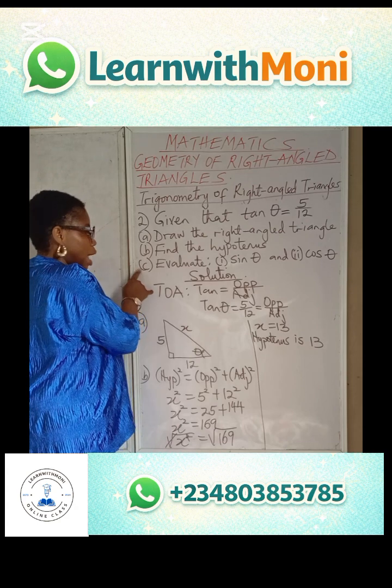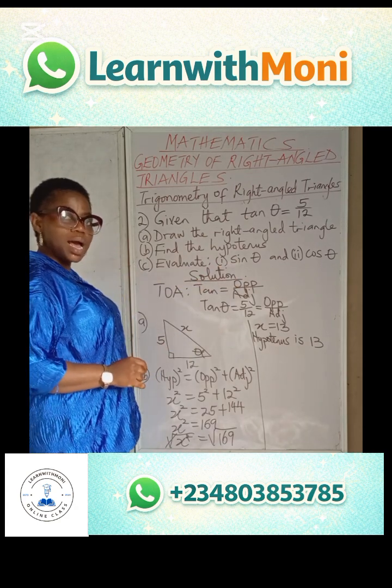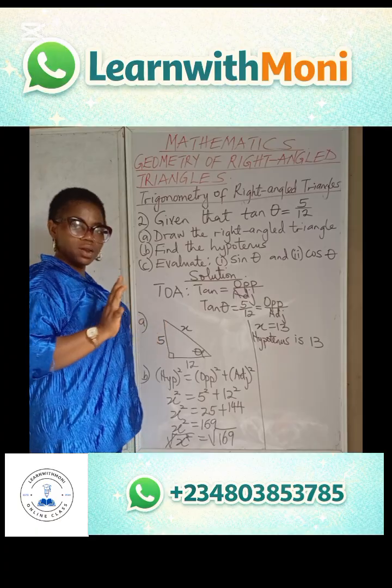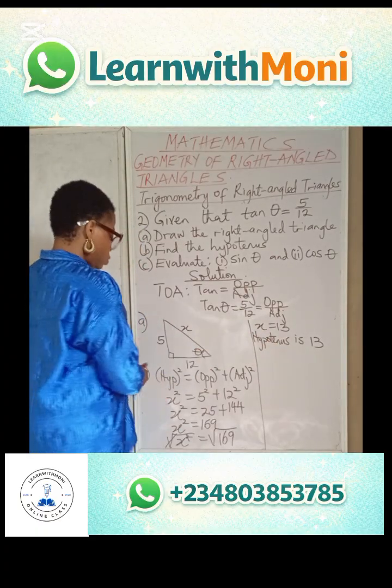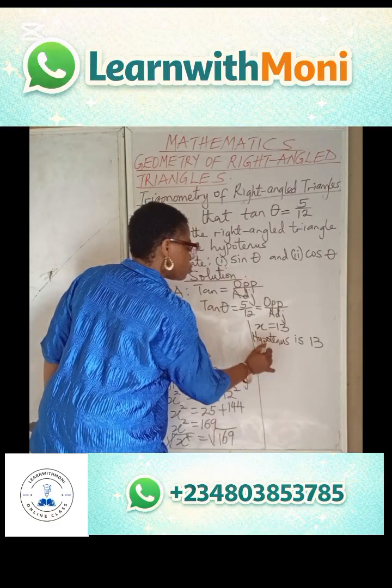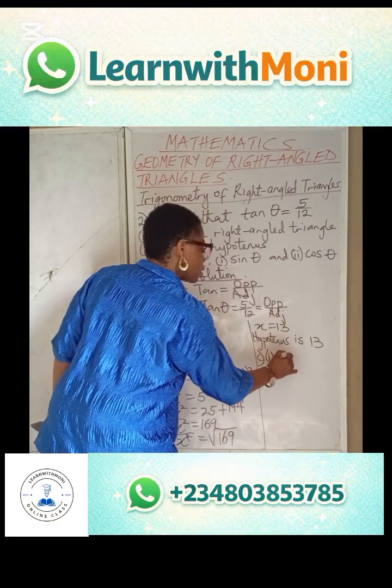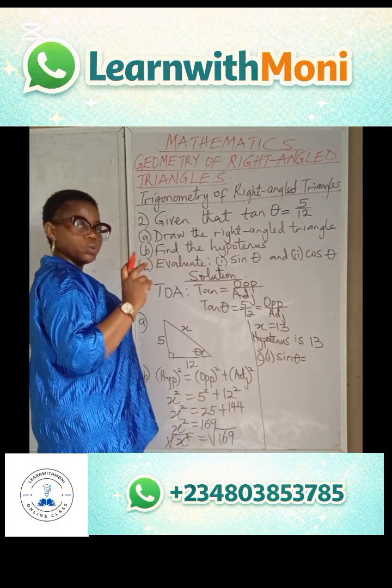The third question I am asked is to evaluate sine theta and cos theta. This is a lot easier now that we know the hypotenuse. So I am going to find sine theta first. Sine theta, that is SOH.